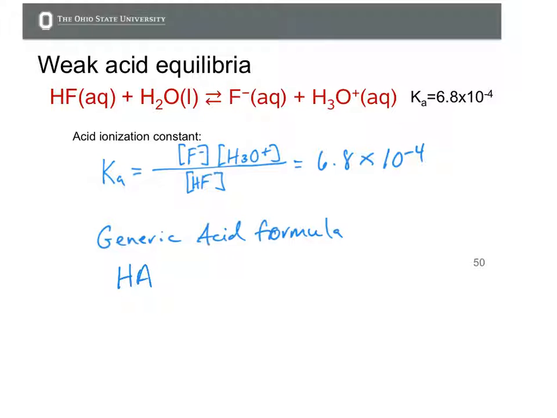And when you put it in solution, you'll end up with H plus plus A minus. So if you see something like this, this is just a very generic formula. You could write a Ka for this. A minus is the conjugate base of whatever weak acid HA is standing in for.